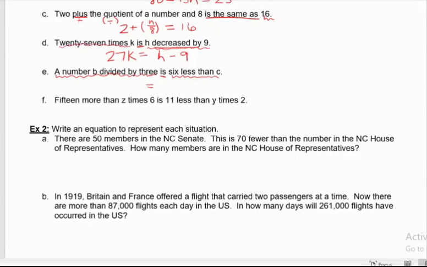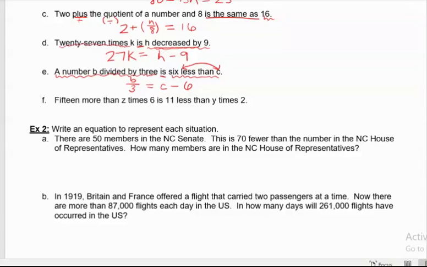So I have a number b divided by 3. So b divided by 3 is my equal sign, 6 less than c. Now less than tells me I'm going to switch it. So I'm going to switch: c minus 6.